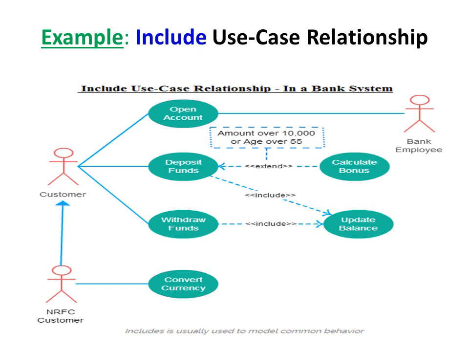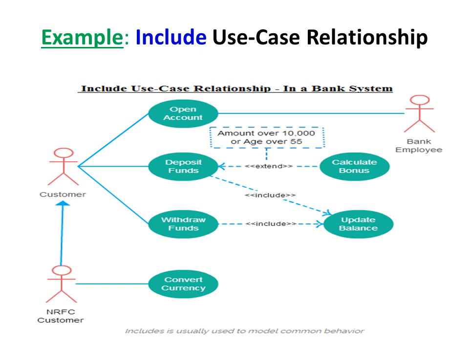It's not like the calculate bonus. The calculate bonus is optional, which means a condition should be satisfied for it to be executed. Here, the amount over 10,000 or the age over 55.